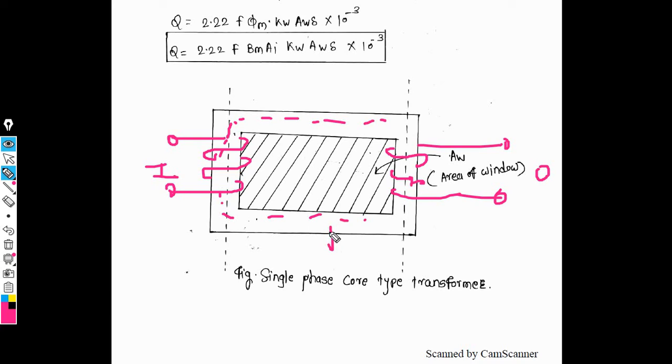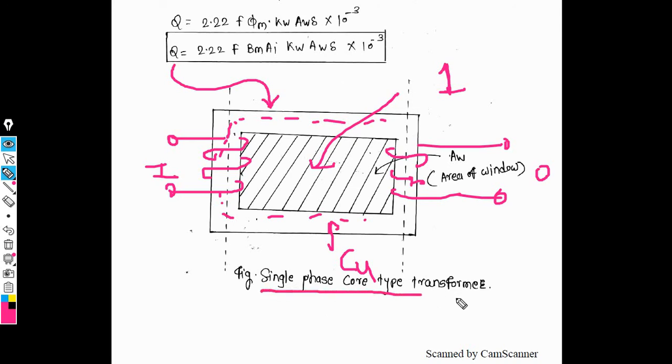This is the copper core. Now we have to find the output equation of the single phase core type transformer for one window. This is one window of the transformer.